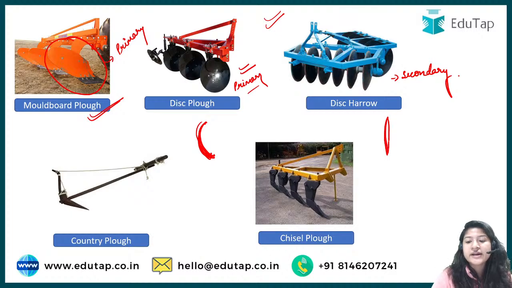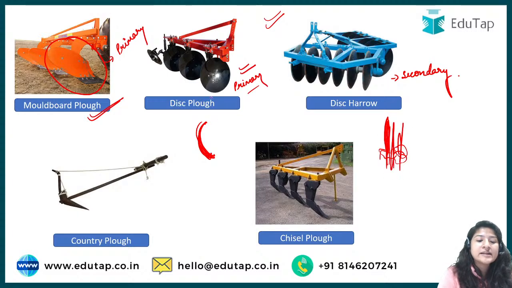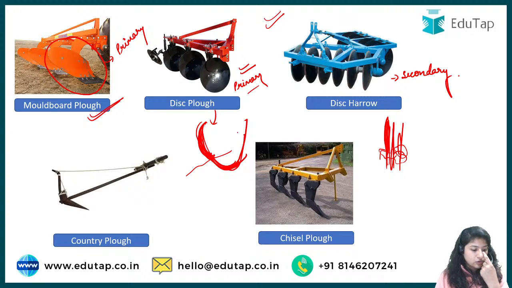Why is it straight? Because now the clods have already been disrupted, and this straight line just has to cut them down. But in the case of disc plow, it has to extract the soil from the upper surface, so it takes it out like this. All right, so I hope this difference is clear to you all, right?